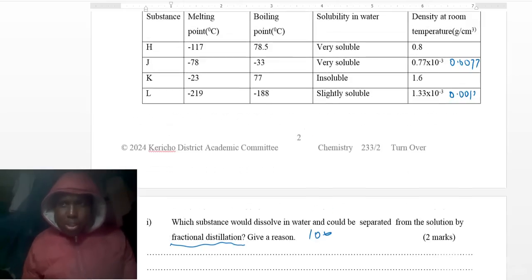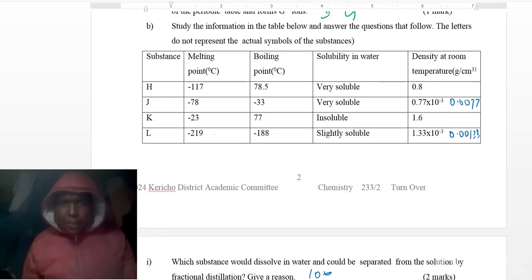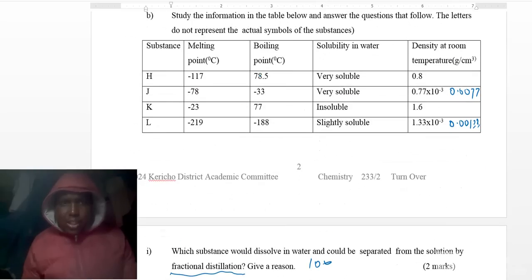So you go to the table and check there. Look at H, it has a boiling point of 78, J -33, K 77, L 188. So the boiling point that is close to that of water is 78.